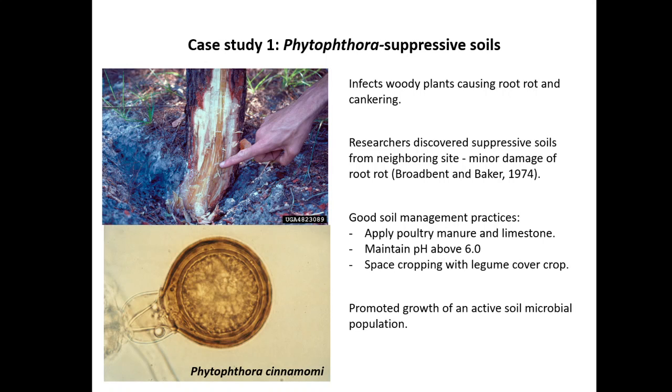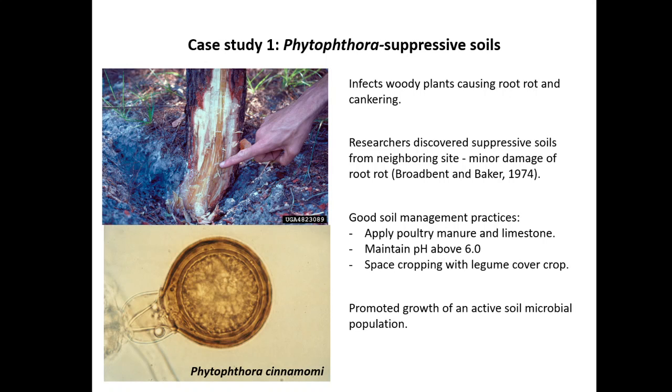Researchers investigating this disease outbreak discovered suppressive soils in a neighboring avocado grove that exhibited only minor damage from root rot. Therefore, they introduced the soil from the neighboring field to the new field. Of course, this management practice promoted the growth of an active soil microbial population.